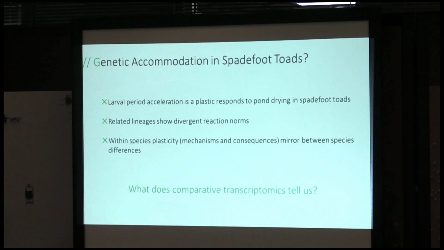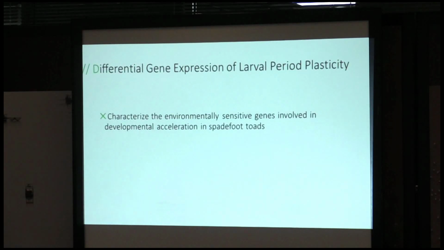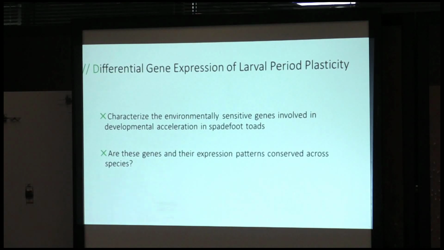What we wanted to do is to take a comparative transcriptomic approach to see what's actually going on at the level of gene expression. Our aims here were to characterize the environmentally sensitive gene networks that are underlying this developmental acceleration. We wanted to see how much of that is conserved across the two species and how their expression patterns differ.